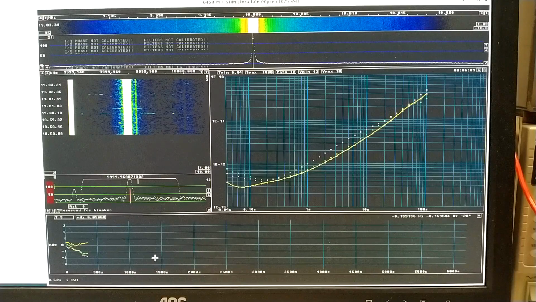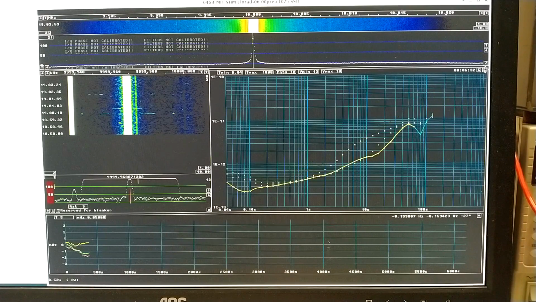The Allan deviation is not so good. That's because I had the box open to tune it, and therefore it is drifting a little bit for a while. So I would have to wait for it to stabilize until I can get the Allan deviation. Hadamard is less sensitive to this type of problem, so it looks a little bit better.